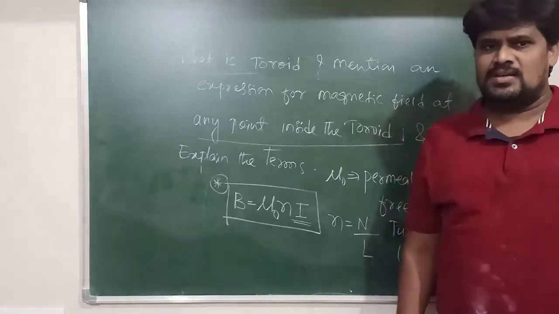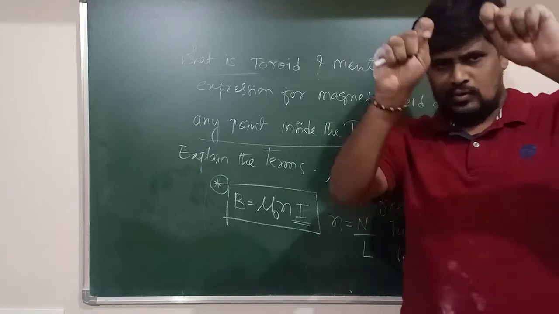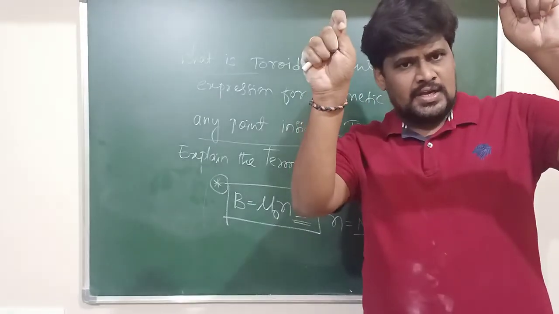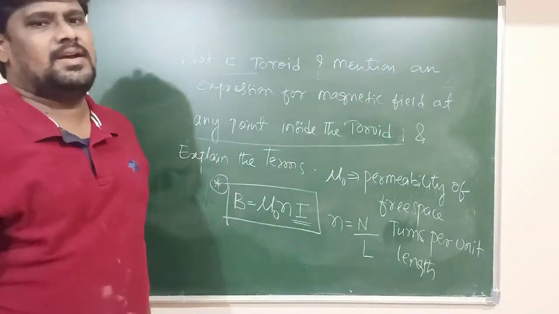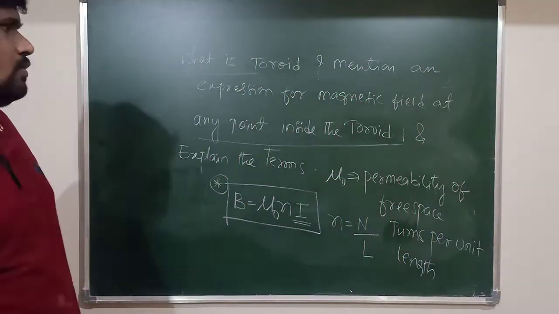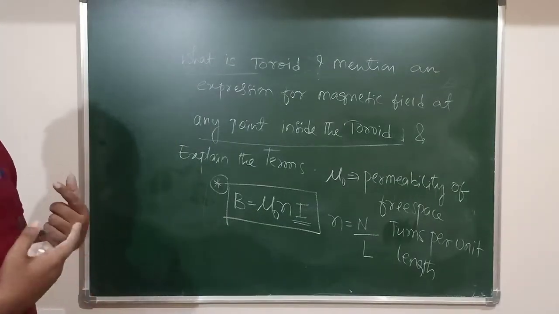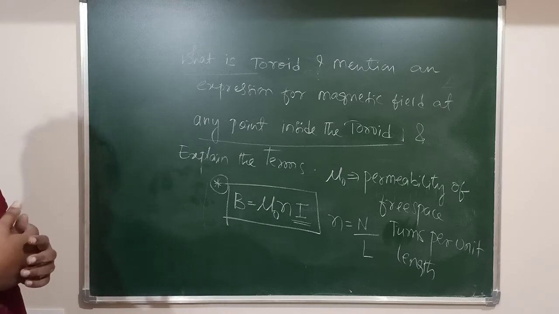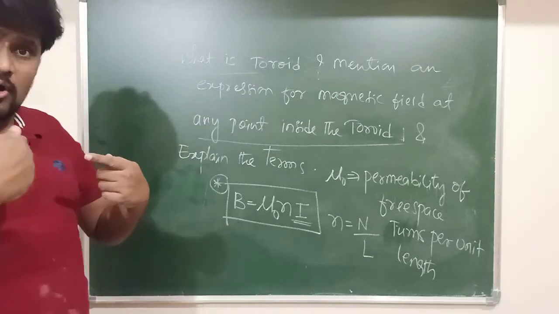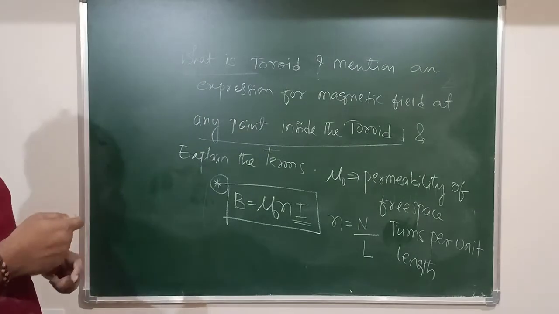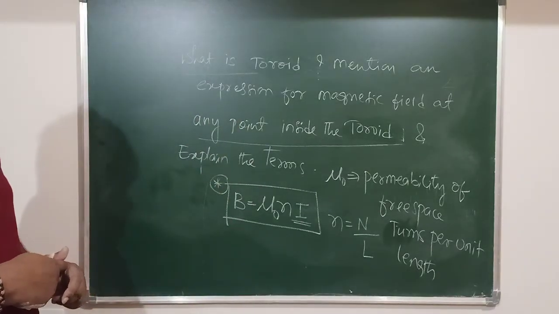The difference is, if you bend any solenoid to form a circle, then it is called a toroid. If you bend the solenoid to form a circle, then such an arrangement we will call a toroid.